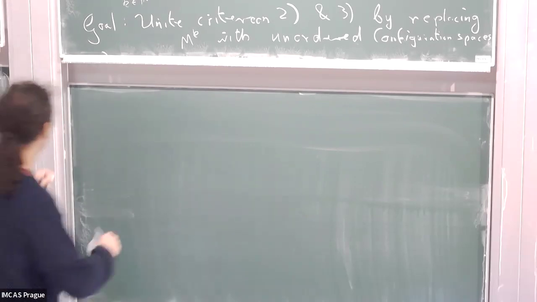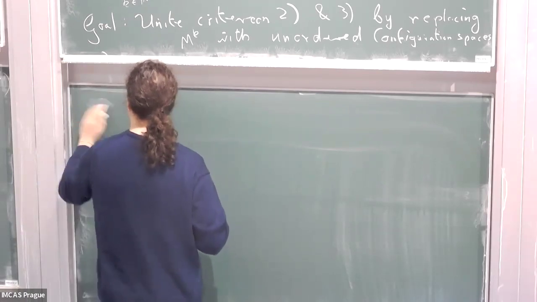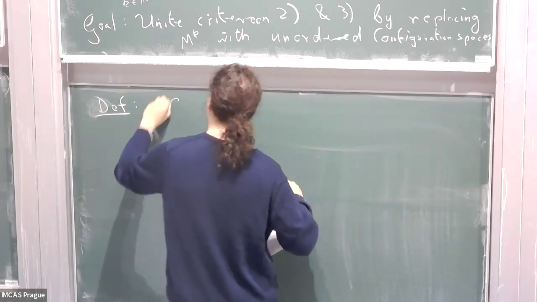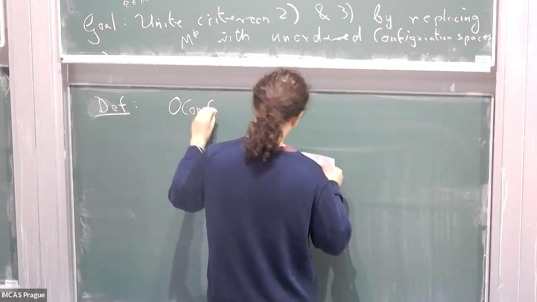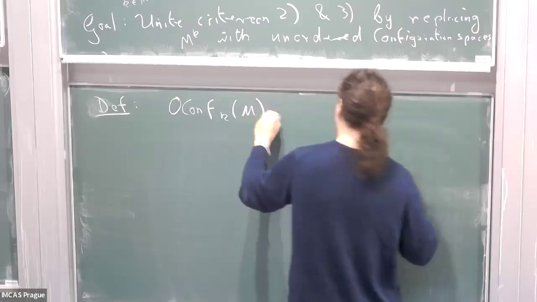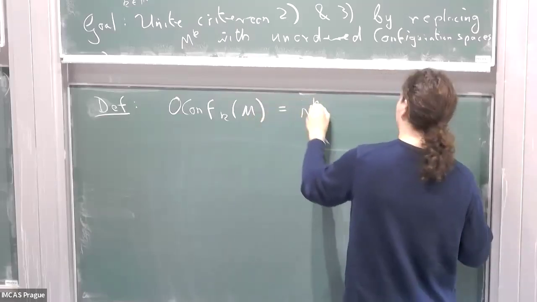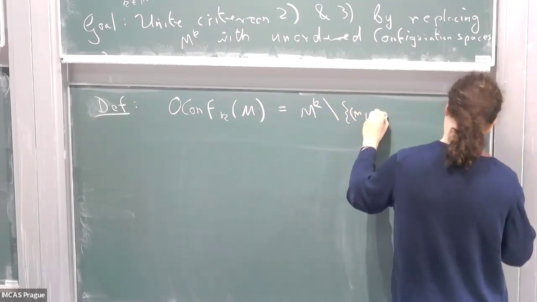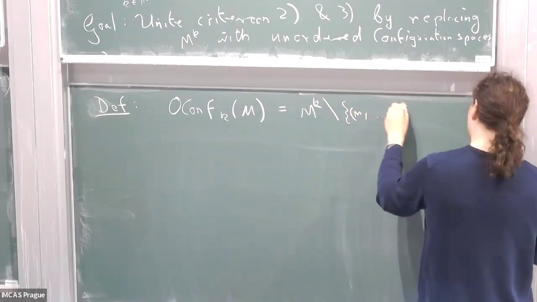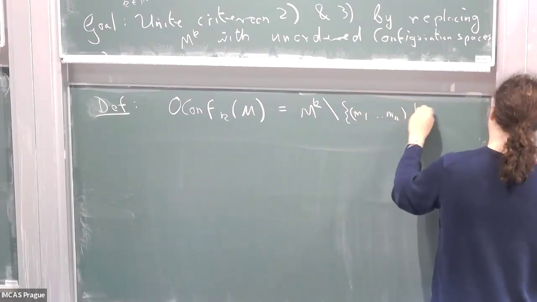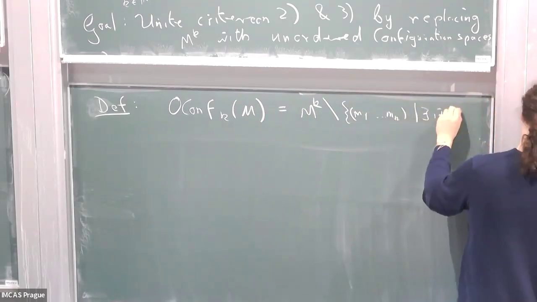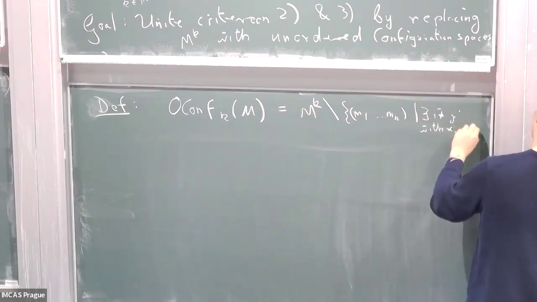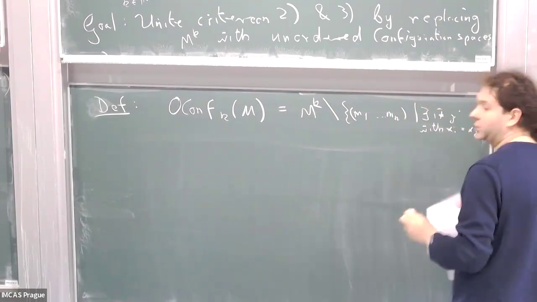Okay, so, definition. The ordered configuration space of k points in M is just k points in M which are all different. So we are removing those (x1,...,xk) in M^k for which there exists an i not equal to j with x_i equal to x_j. So we're removing the partial diagonals.